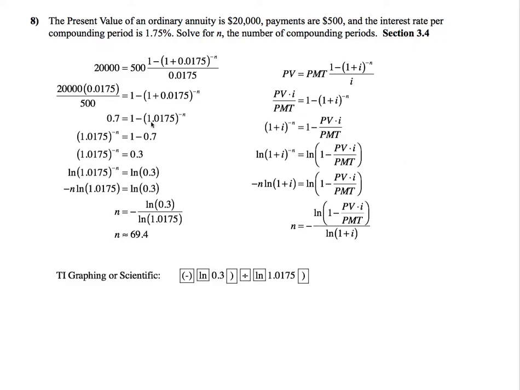I've also represented the 1 plus I as 1.0175. And now I'm almost there. One reason why I did this addition is to isolate the base. I've uncovered the base here. There's nothing multiplying, adding, or subtracting in front of the base here.